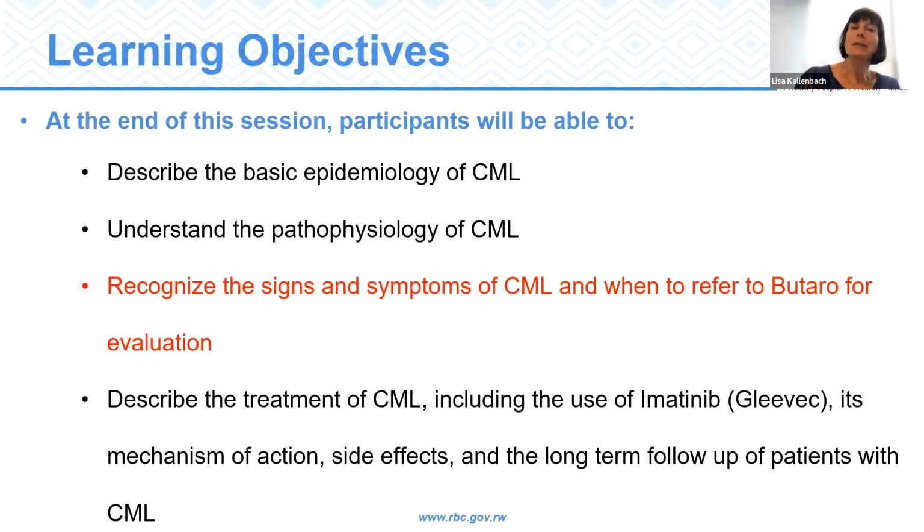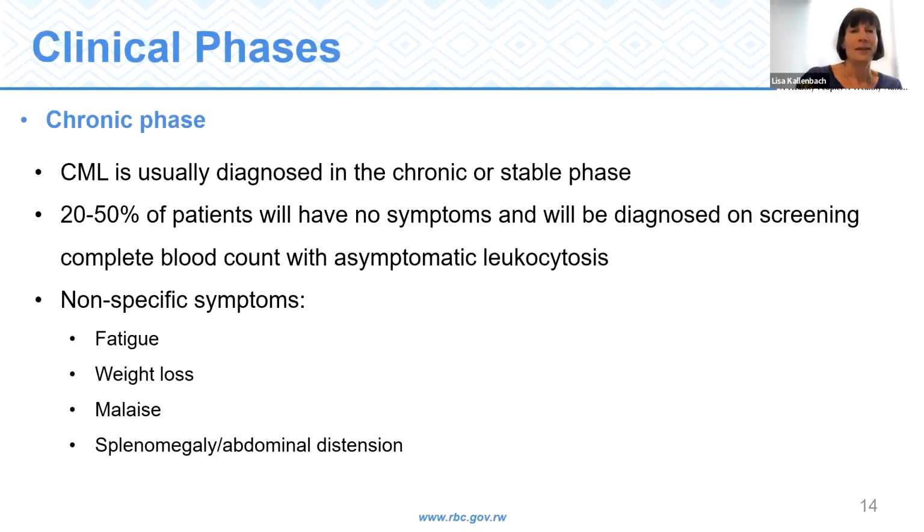So let's discuss the signs and symptoms and when to refer to Butaro for evaluation. So CML is usually diagnosed in the chronic or stable phase, which we're going to talk about later. About 20 to almost half of patients will have no symptoms, and they're diagnosed simply on a screening complete blood count.